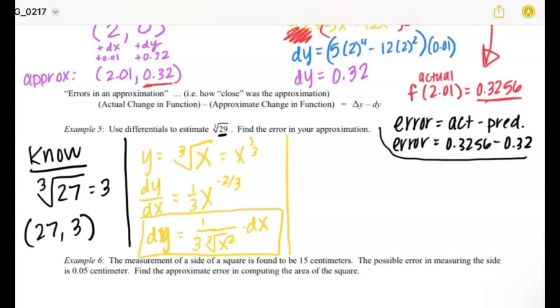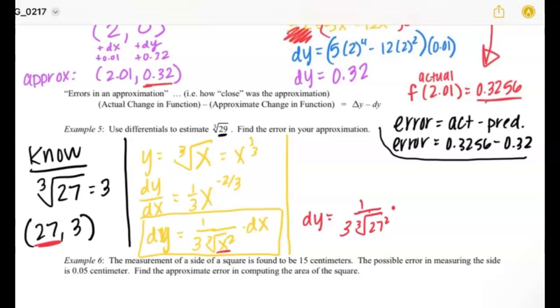You always use your known numbers for the prediction. So this x, we are going to use 27. It will approximate 29. We'll see why in a moment. So when we plug in our 27 there, we have to figure out what is our dx.